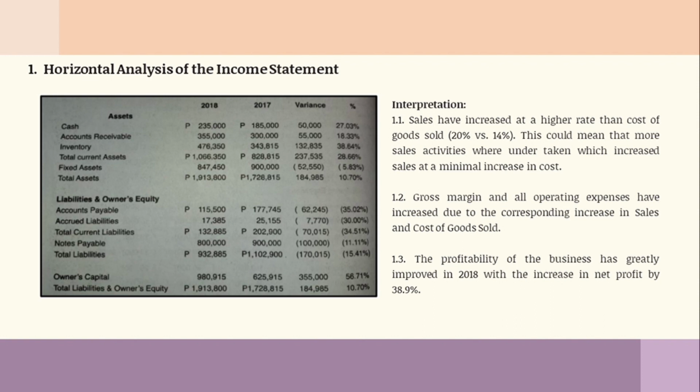So, una, pag nag-increase ang sales, typically nagli-lead siya to a corresponding increase lahat sa cost of goods sold, or the cost of producing or acquiring the products that were sold.